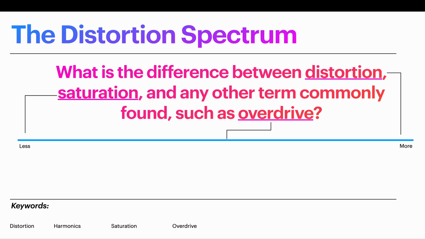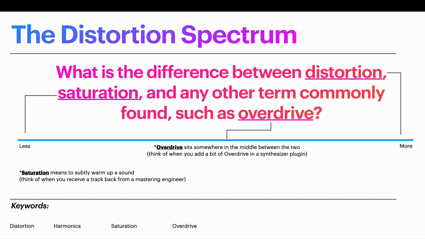Well, this really falls into less distortion or higher distortion. So overdrive sits directly in the middle of this. In other words, you're not going to have low levels of distortion or a real crunchy sound. It's going to sit somewhere in the middle.